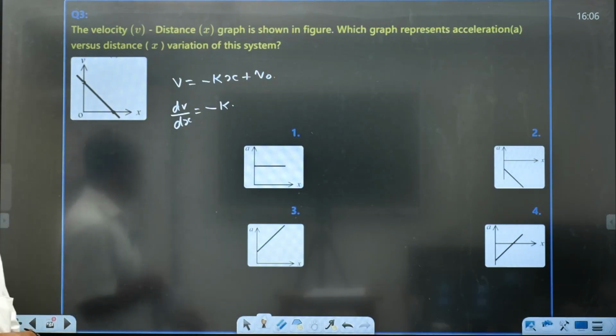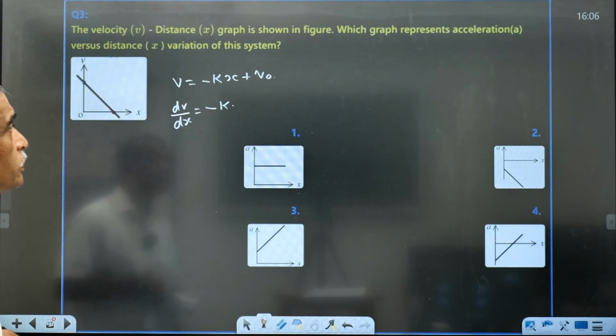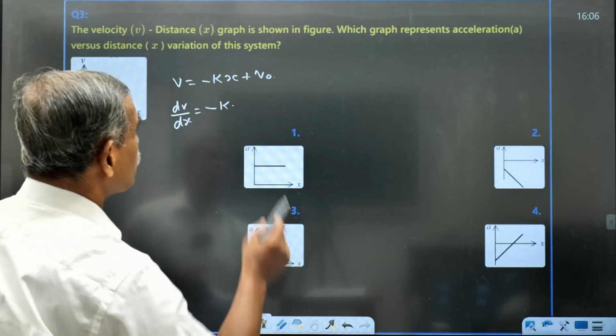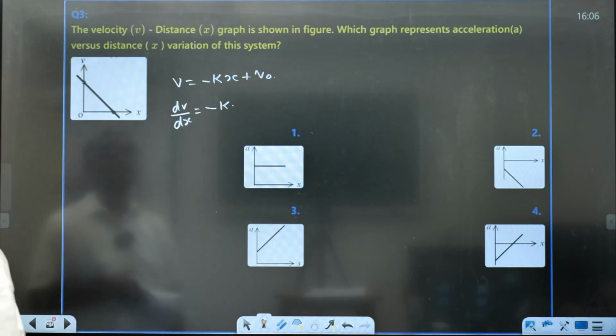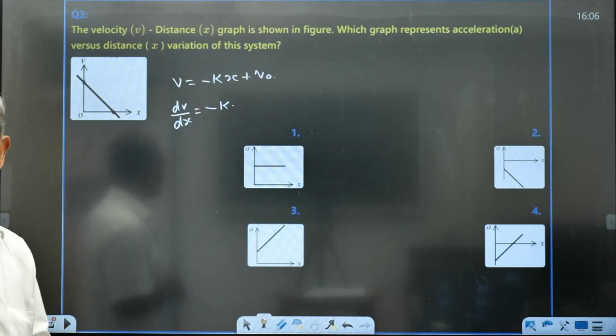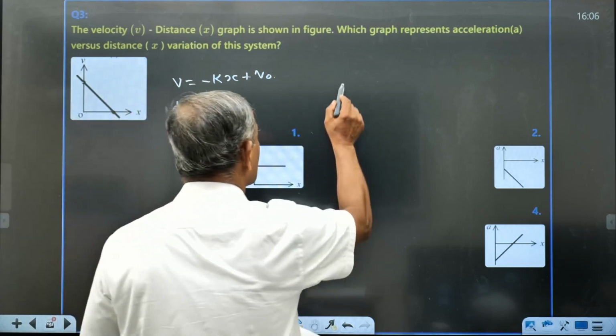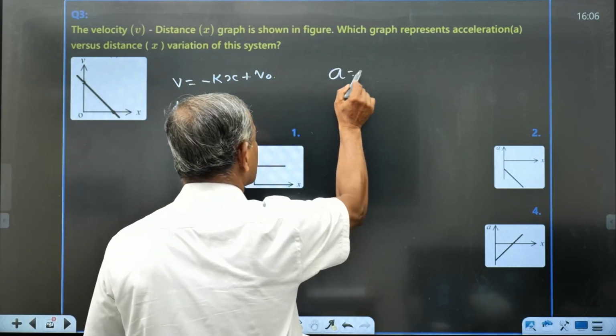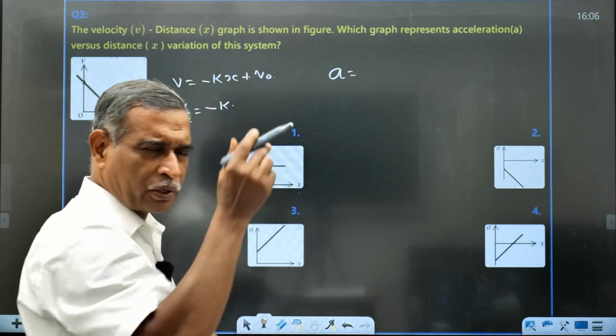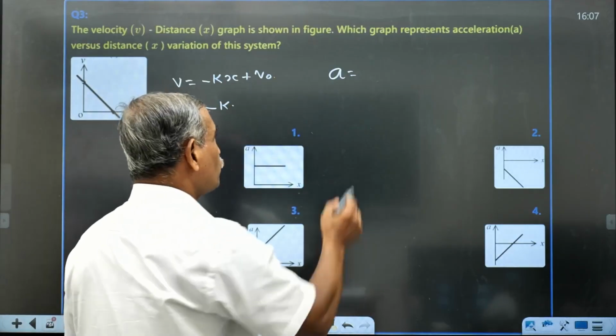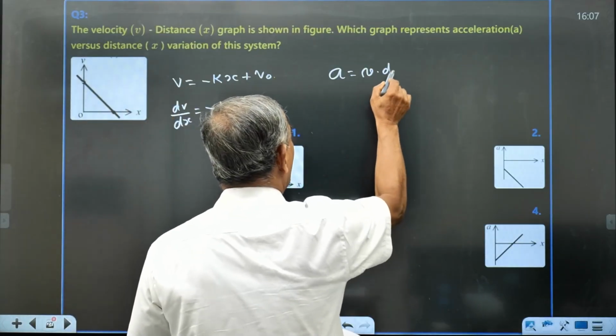Now, why are we doing all this? Because we are asked to find acceleration versus distance. You know acceleration a is equal to dv by dt, or v into dv by dx.